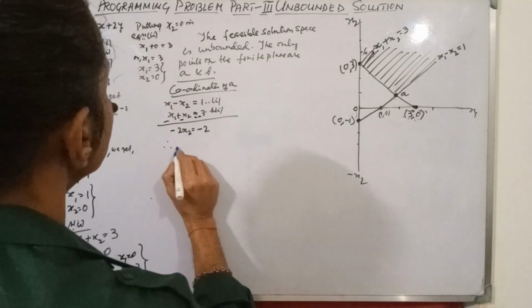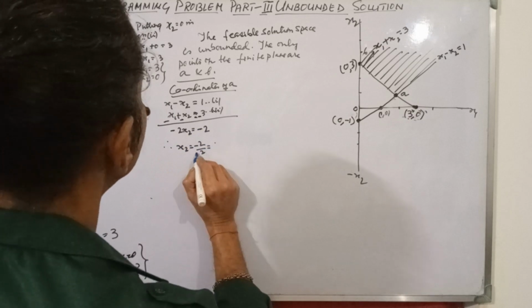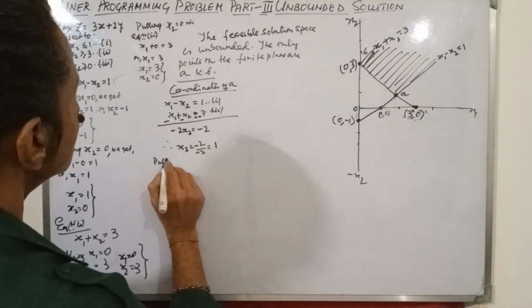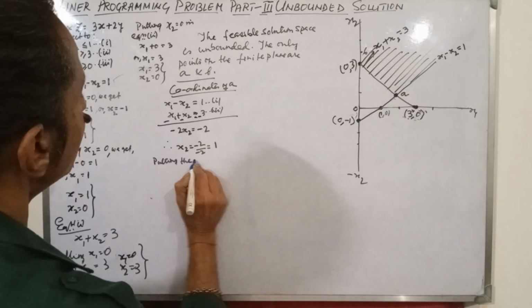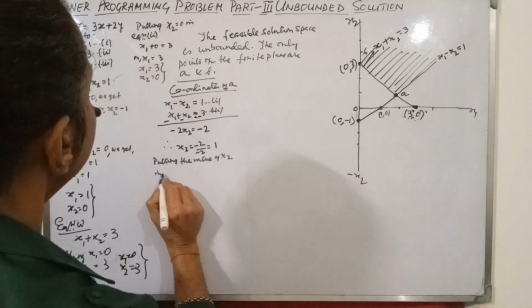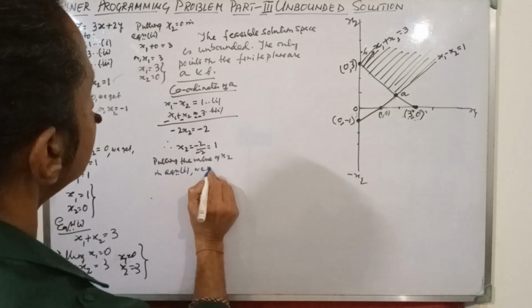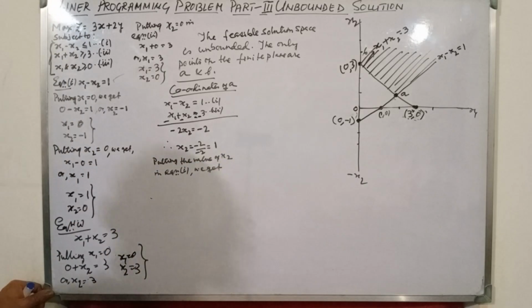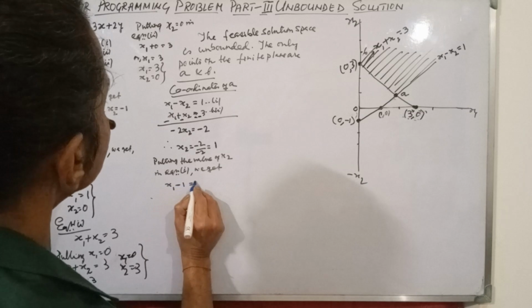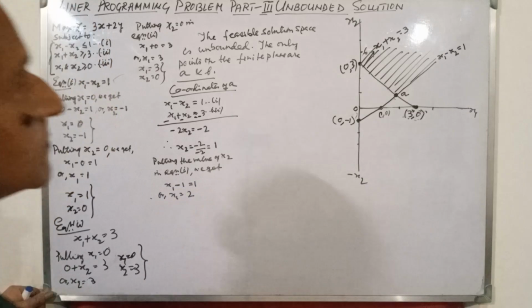Therefore, x2 equals minus 2 by minus 2 equals 1. Now putting the value of x2 in equation 1, we get x1 minus 1 equals 1, or x1 equals 2.